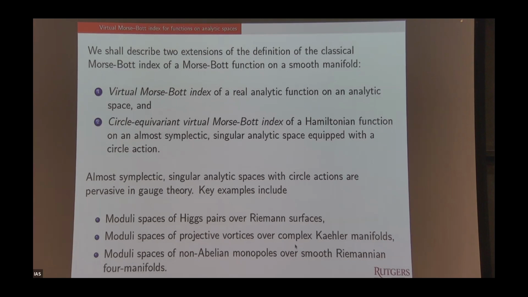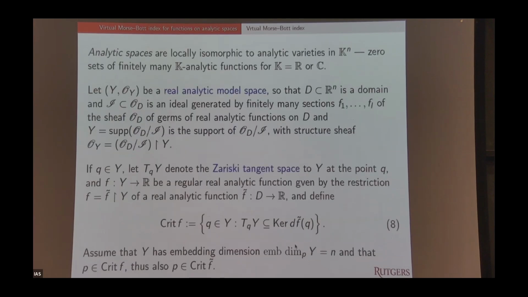It also applies when you have moduli spaces of projective vortices over Kaehler surfaces. All right, so the definition is a little bit complicated. That's why at the end, I hope to spend some time talking about the pictures, which will hopefully get across the idea a little bit better than some of the formal definitions.